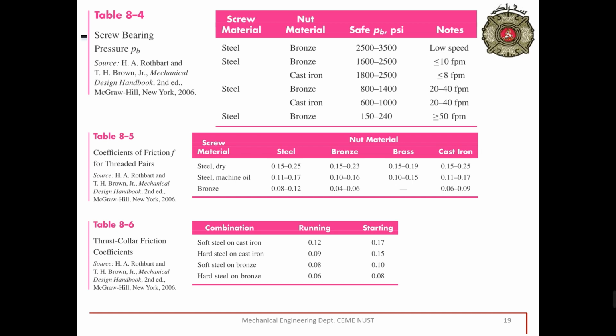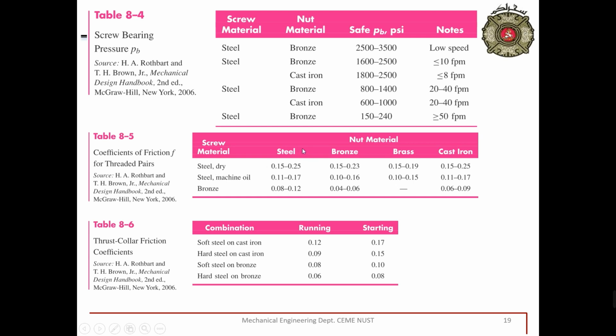Table 8.4 gives us the bearing pressure, you are not concerned with that for now. Table 8.5 deals with the case when nut material and bolt material are given. By checking the material and the condition, you can estimate the frictional coefficient from this table.